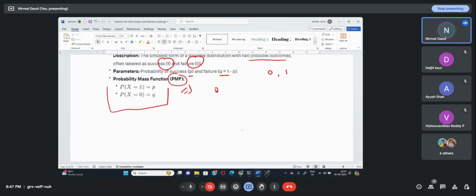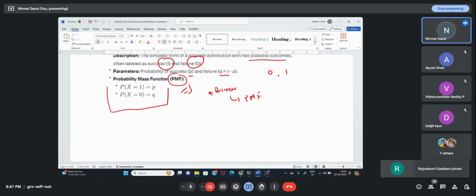So for discrete distributions, we have PMF. Remember, the functions over which events are described are probability mass functions if we are talking about discrete distributions.